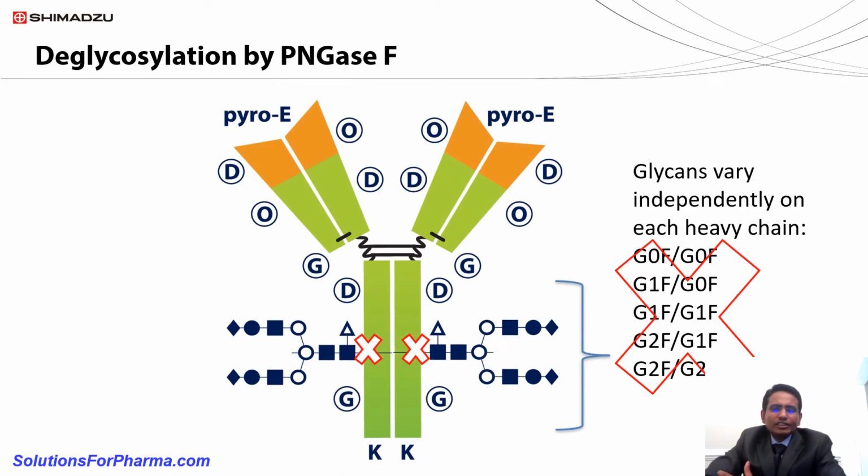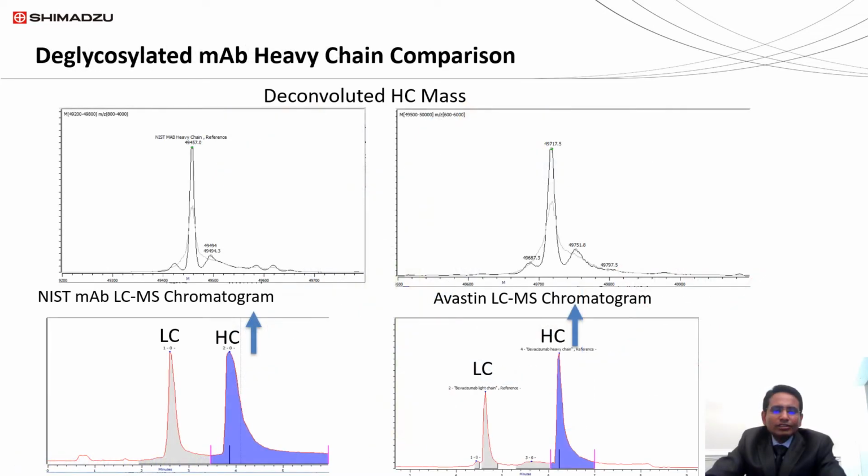After the reduced mAb analysis, we did the deglycosylation using PNGase. So glycans can vary differently on each of the heavy chains. Glycosylations play a significant role for therapeutic interventions. So that's why it is important to analyze deglycosylated peaks. Here we did the same study for NIST mAb and Avastin mAb.